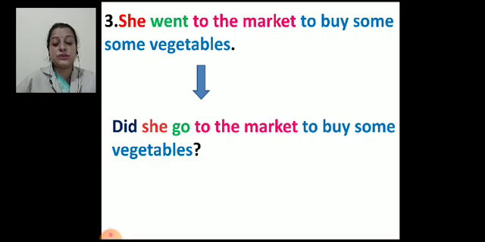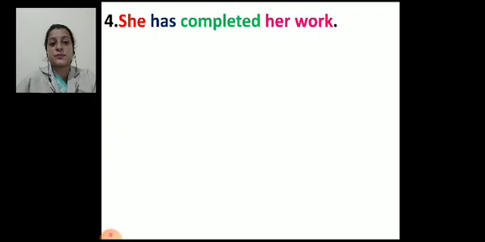If you are using did at the beginning to ask questions, you will not use the second form of the verb after the subject. The verb used after the subject she will be the first form only. So our question is, did she go to the market to buy some vegetables? And at the end you can see we have used a question mark.